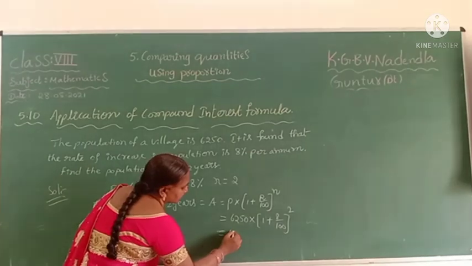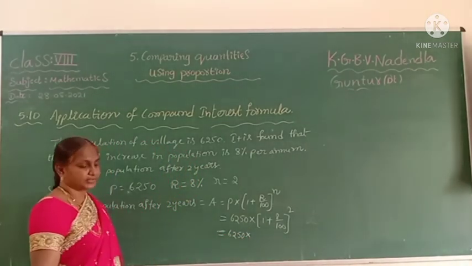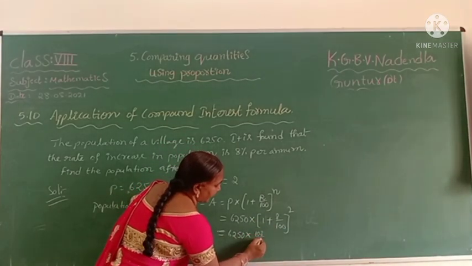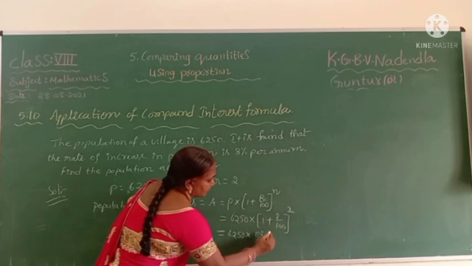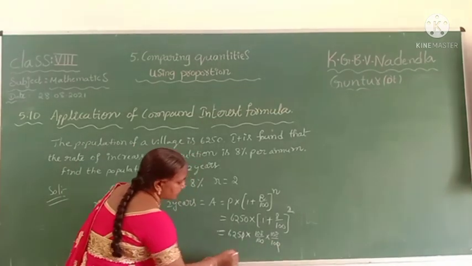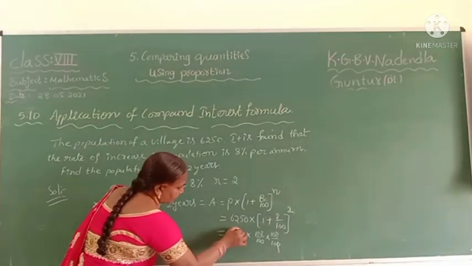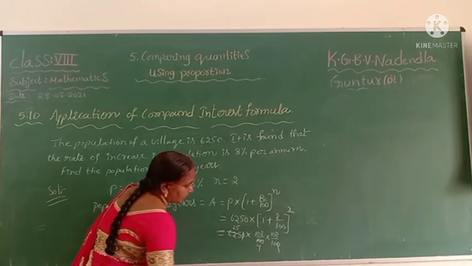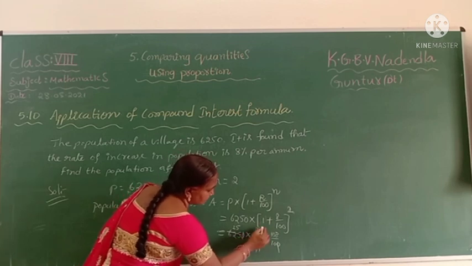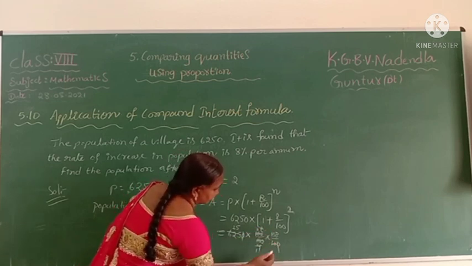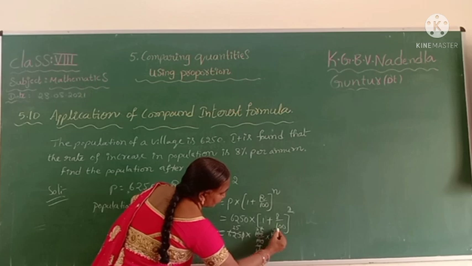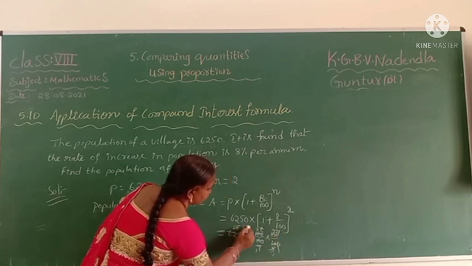Now 6,250 into 108 by 100. Here power 2, that means 108 by 100 into 108 by 100. Zeros cancel. 25 into 25, 25 into 4, and so on.